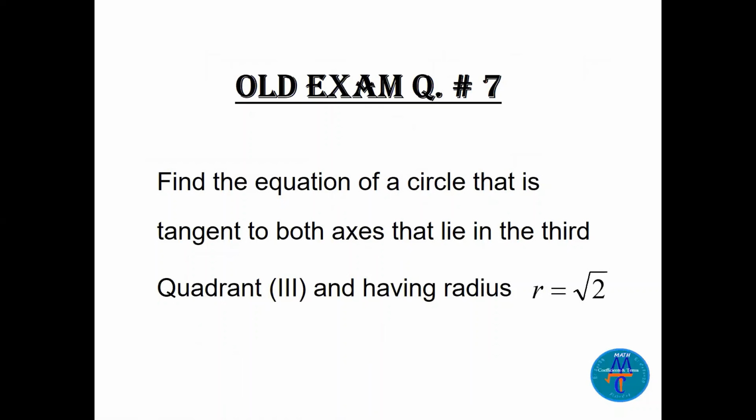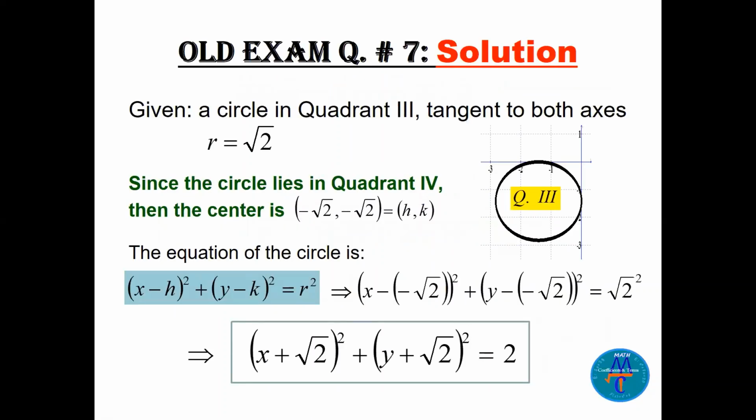Number 7, also easy, I think. Find the equation of a circle that's tangent to both axes, that lies in the third quadrant, and has a radius of square root of 2. So you have to make a little sketch to understand here. Only the radius is given. Tangent to both axes, remember.